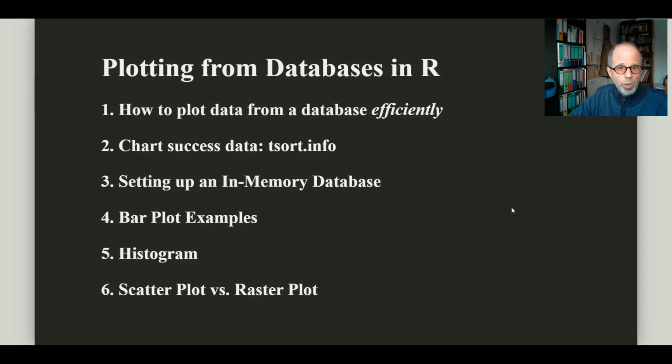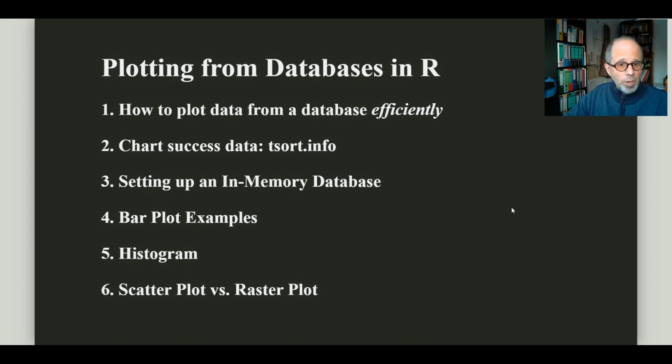So what do we want to do? I want to quickly introduce the main idea, what makes plotting from a database efficient or non-efficient. I want to introduce the data that I'm using. It's about musical albums and songs and their success in worldwide charts.